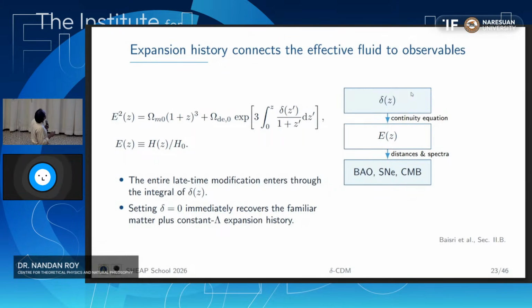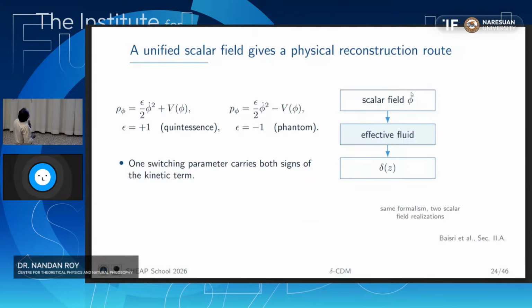So if you can reconstruct this from some physical theory, you can actually fit all the observations you have. And then, as an example, this is the simplest model we tried.